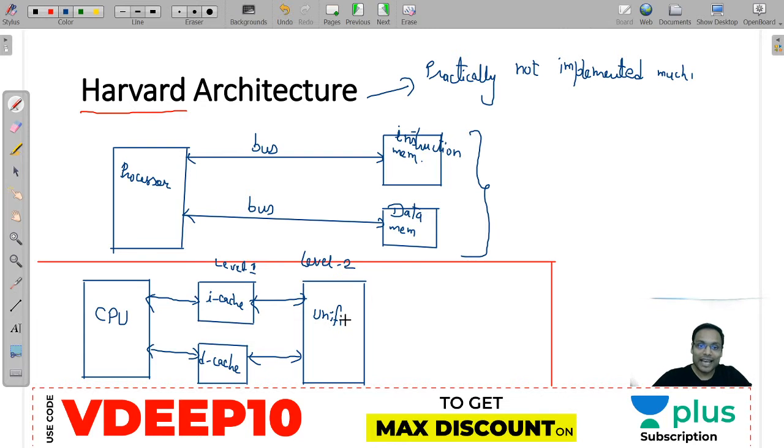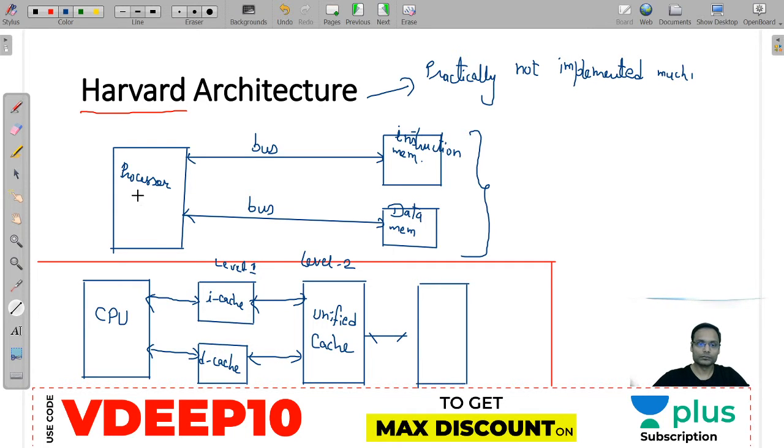Unified means it can keep both data and instructions. So this is the partial implementation of Harvard architecture, dividing the cache memory into two different caches, I cache and D cache. But main memory is still the same. This is the main memory connection, and main memory is single only.